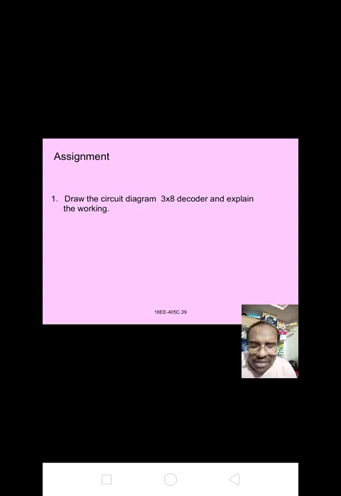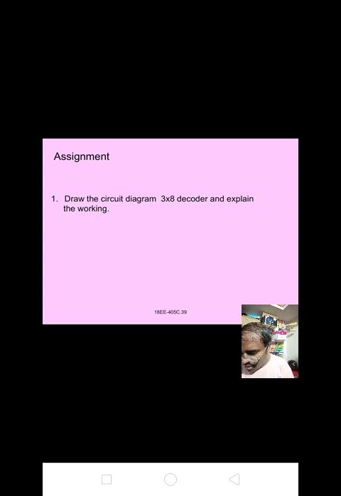In its general form, a decoder has n input lines to handle n bits, and from 1 to 2 power n output lines to indicate the presence of one or more n bit combinations.